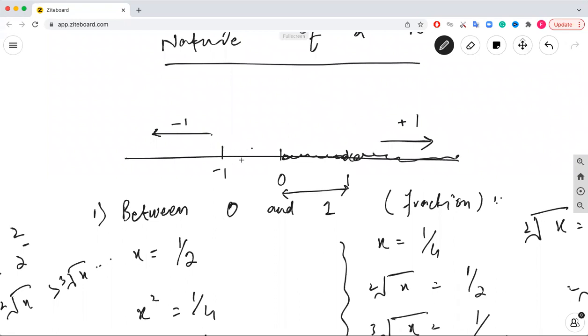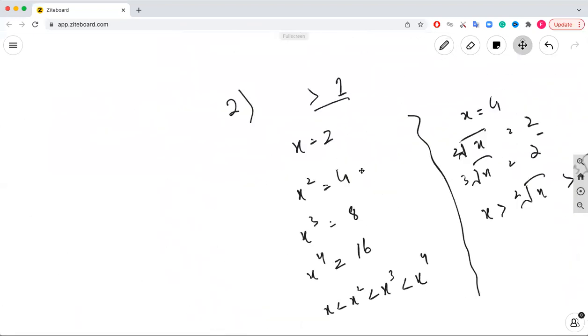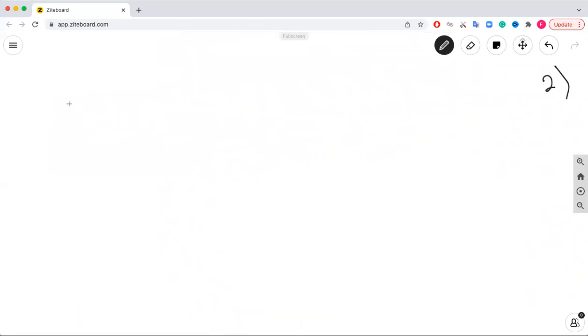Now the third part. If I take a value between 0 and -1, let's suppose x is -1/2, the case will be a bit different.